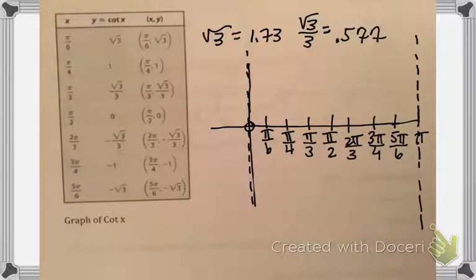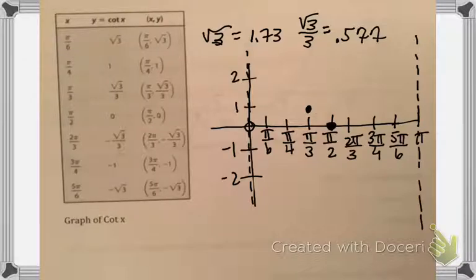I'm going to put the 0 point in first. So at pi over 2, it's 0. And then I'm going to go to the left. So pi over 3, we have square root of 3 over 3, which is 0.57. So here's 1, here's 2, here's negative 1, here's negative 2. Okay, so we got a point like this.